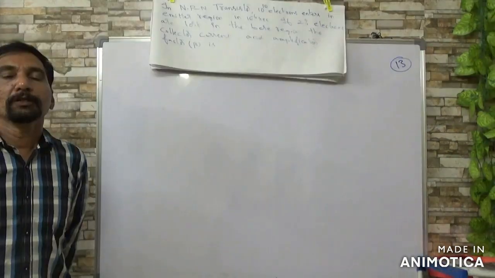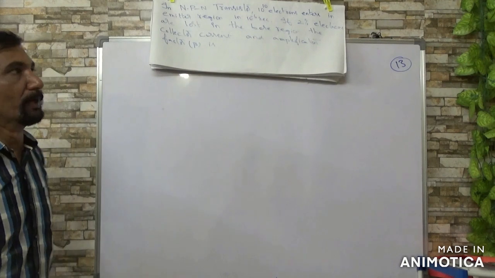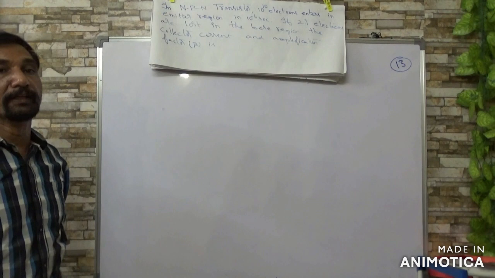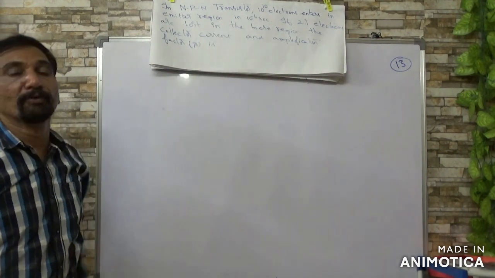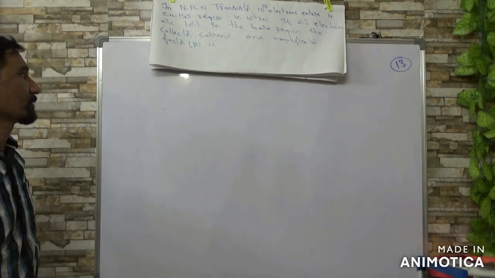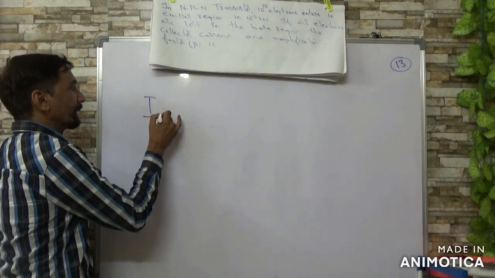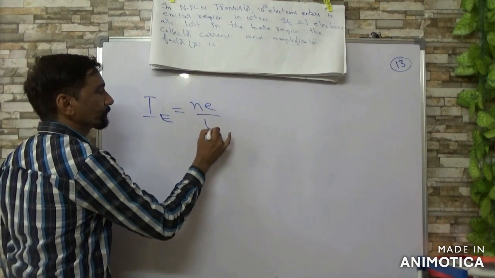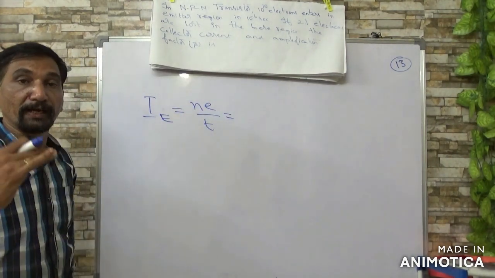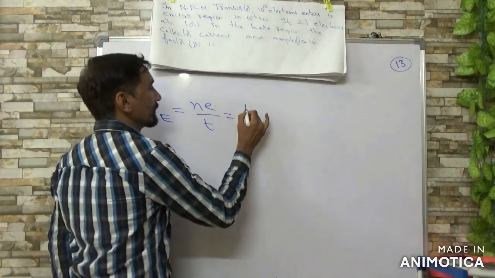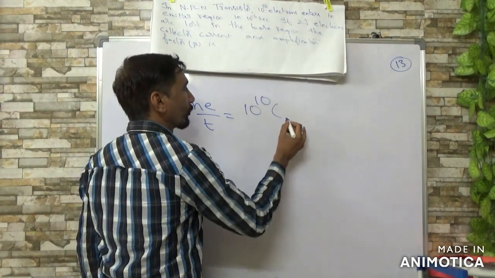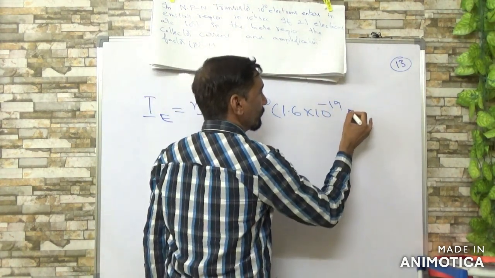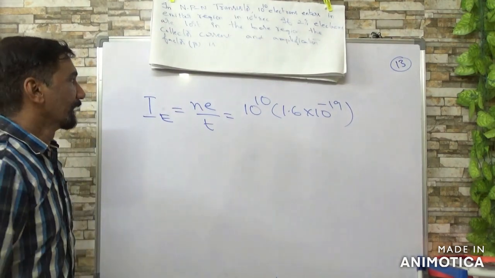Maximum emitter. Now about the given problem. So 10 power 10 electrons are entered in the emitter region in 10 power minus 6 seconds. So you know emitter current equal to Ne by t now. So number of electrons entering the emitter is 10 power 10. Electron charge 1.6 into 10 power minus 19.